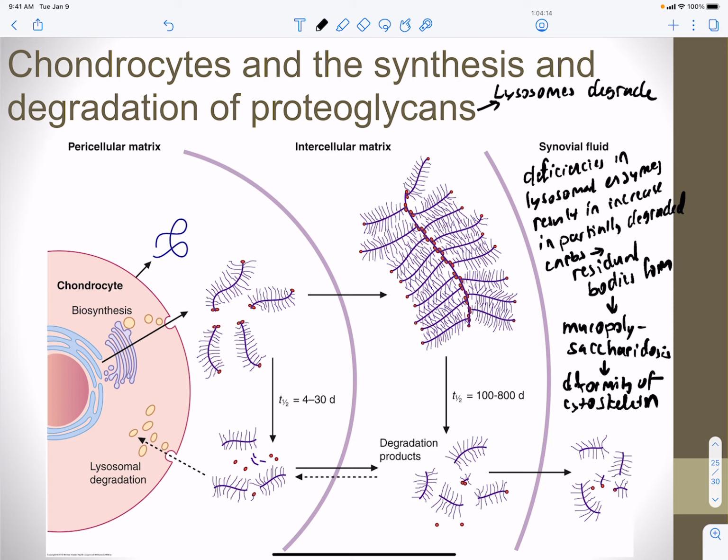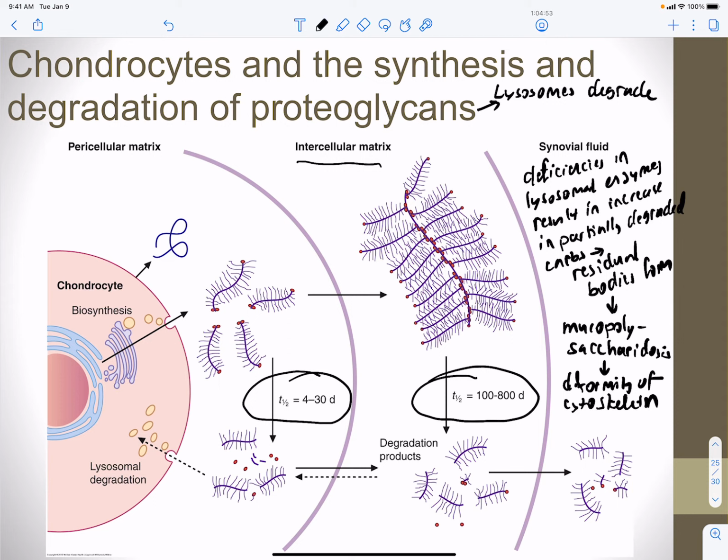Now, another thing that can happen is you can have over-degradation of your proteoglycans. Remember that your proteoglycans are going to be made in your cells as a preform, and then it gets secreted into the extracellular matrix. You can have products get degraded inside of the cell, or you can have your products get degraded outside of the cell. And so inside of the cell, it's thought that you have a half-life of about 4 to 30 days. Outside of the cell, that half-life increases enormously.